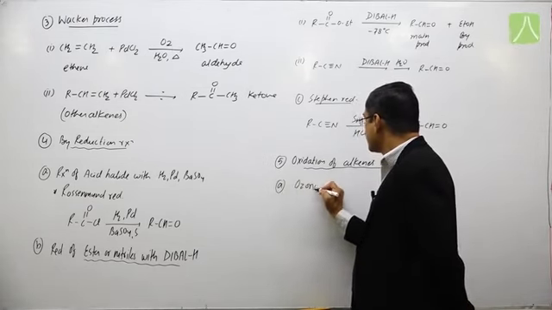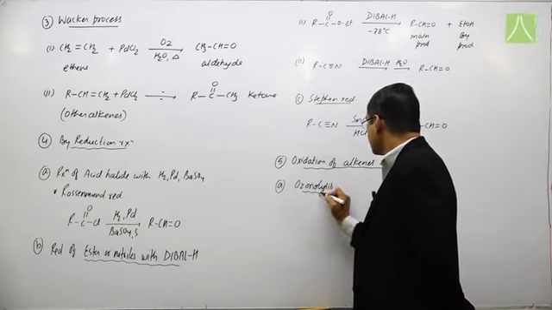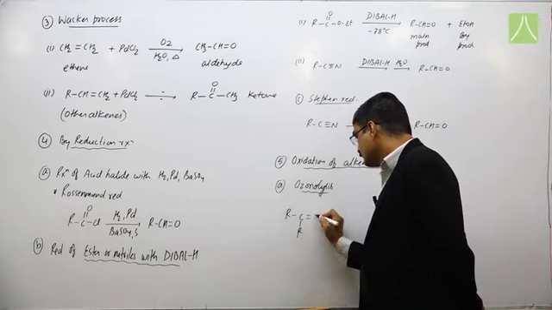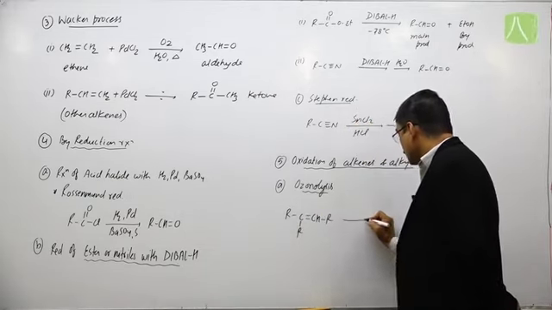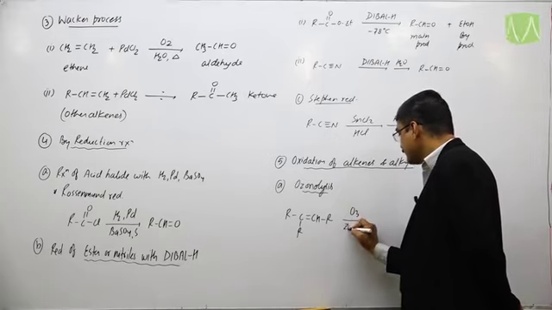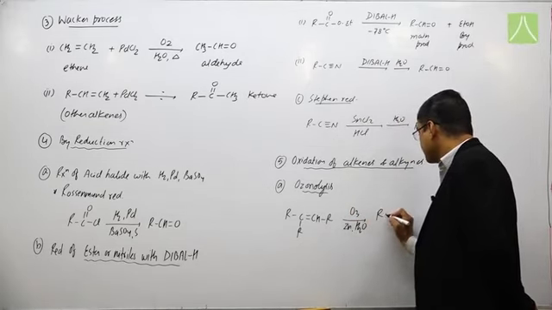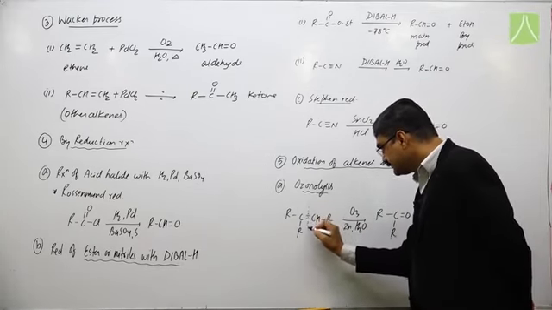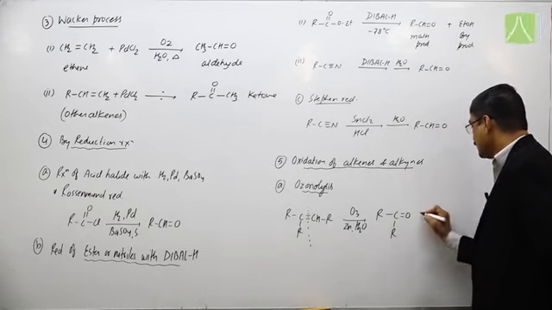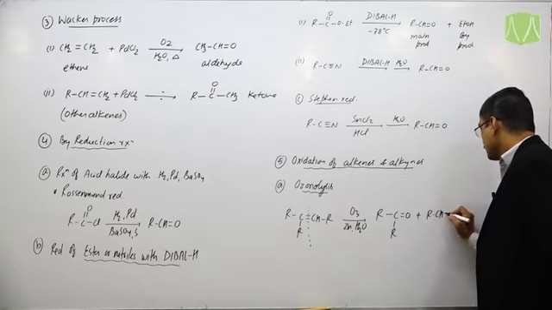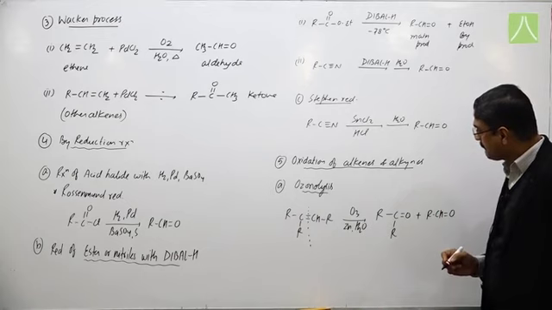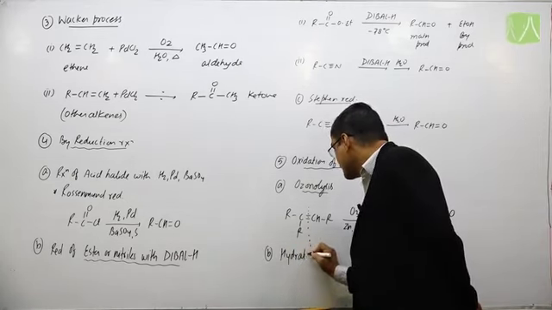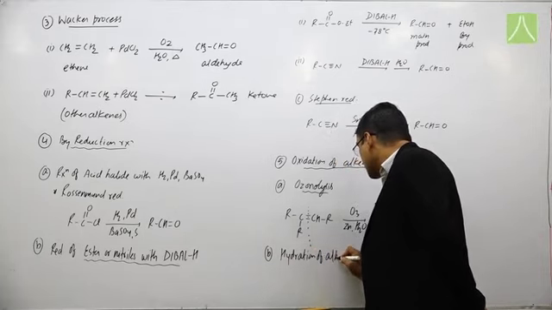By ozonolysis reactions, alkenes on ozonolysis in presence of zinc are oxidized into aldehydes and ketones. B, that is hydration of alkynes.